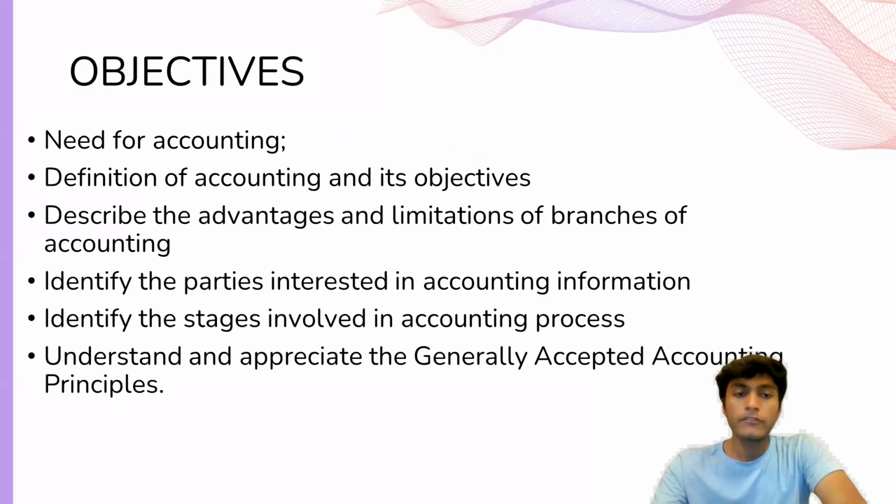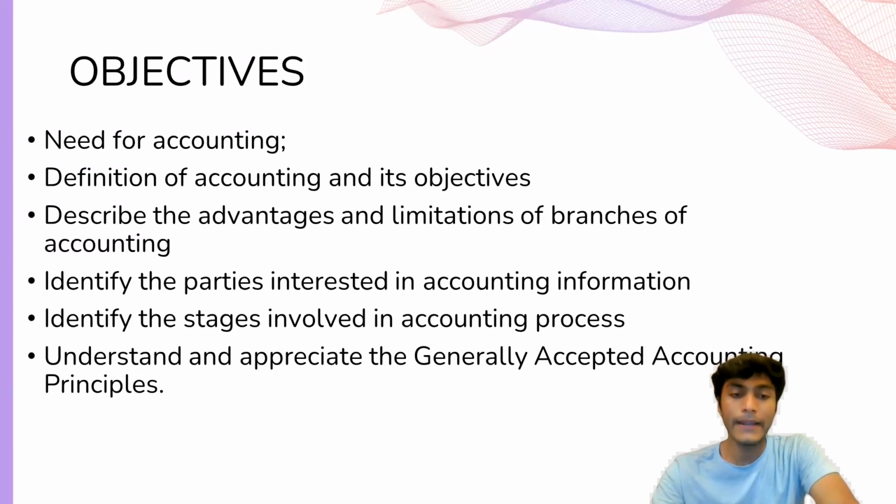So, the objectives of this particular learning outcome, or what we are going to discuss in this Unit 1, would be: what is the need for accounting, what is the definition of accounting, what are the objectives of accounting, what are the advantages, what are the disadvantages, that is, the limitations of each and every branch of accounting. So, we have three branches that we are going to discuss here.